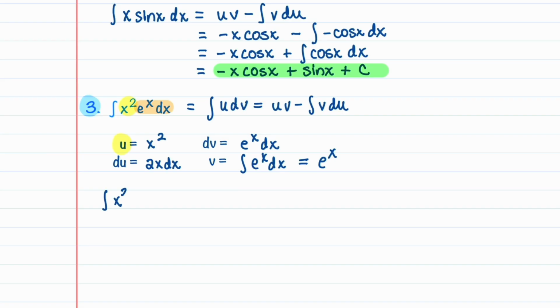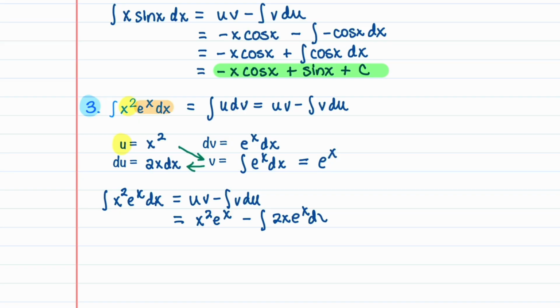The integral x squared e to the x dx is equal to uv minus the integral v du. We'll multiply u times v. That gives us x squared e to the x, and then we'll subtract v times du. So we're going to subtract the integral 2x e to the x dx.